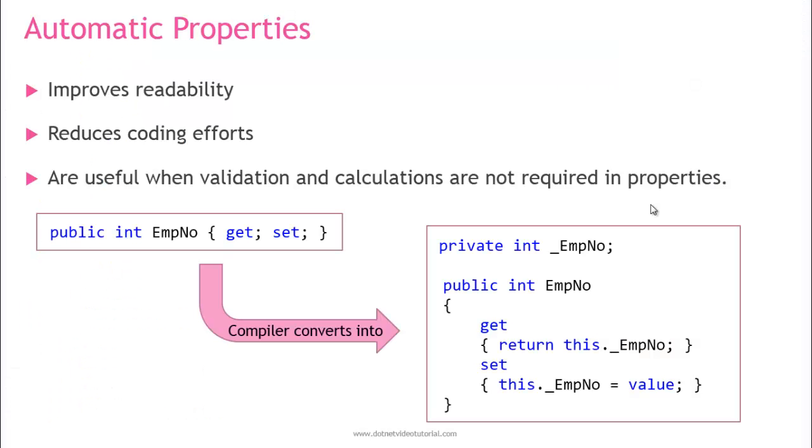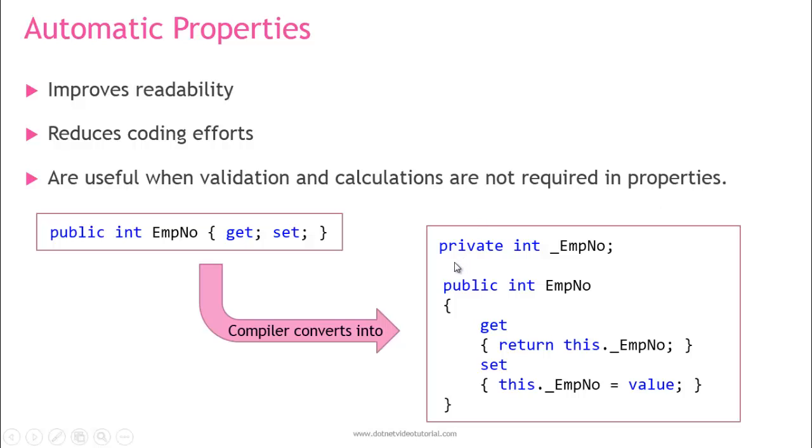Automatic properties is a relatively new feature introduced in C# 3.0. It improves the readability of your code and also reduces your coding effort. But automatic properties are only useful if you don't want to do any validation or calculation inside the properties.